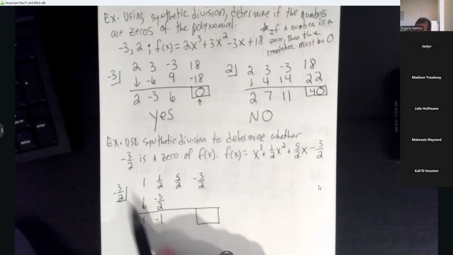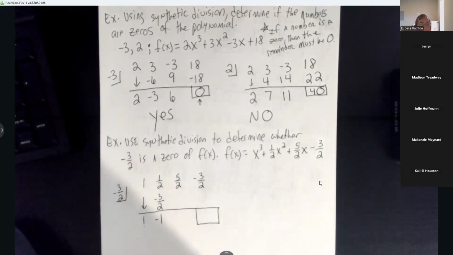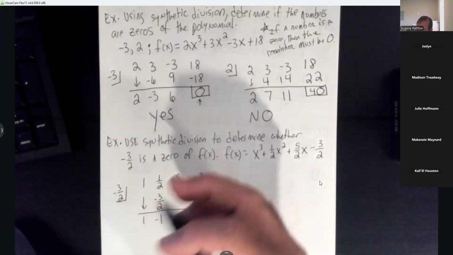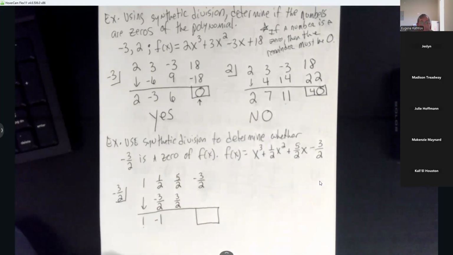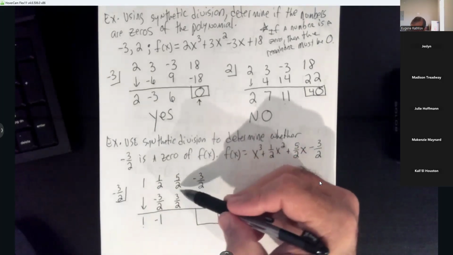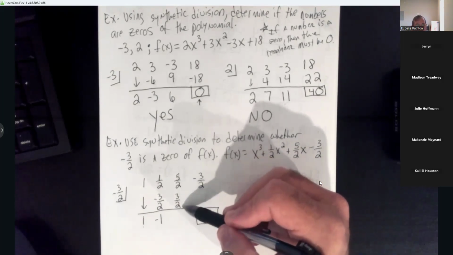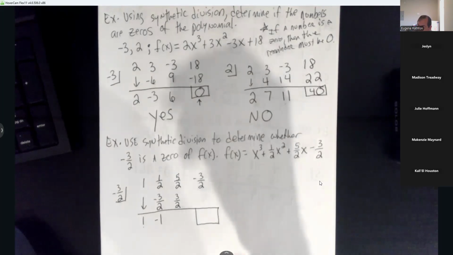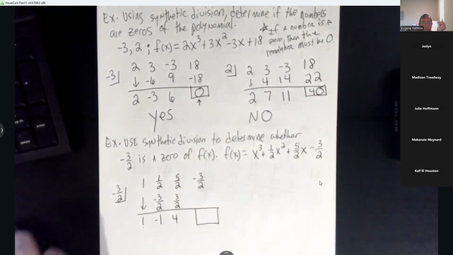That negative 1 times that negative 3/2, a negative times a negative is going to make that a positive 3/2. All right, so you add the top. 5 and 3 is 8 over 2. 8 over 2 will reduce to a positive 4.